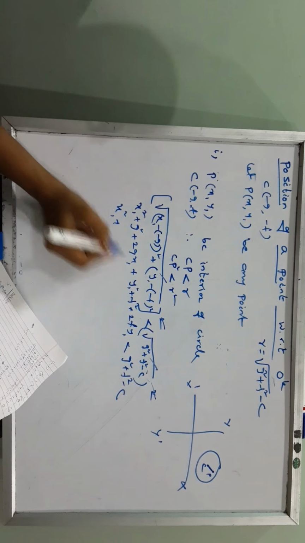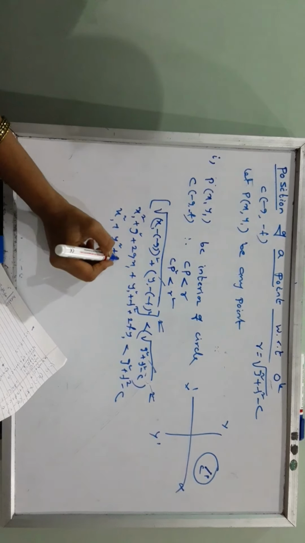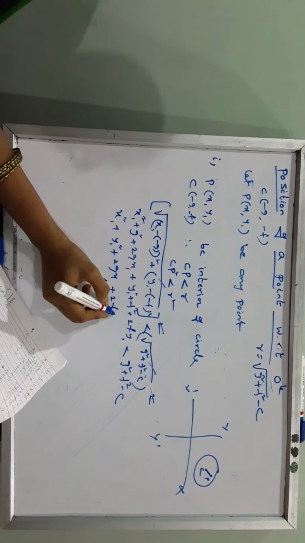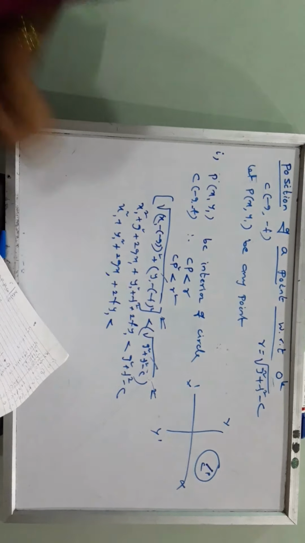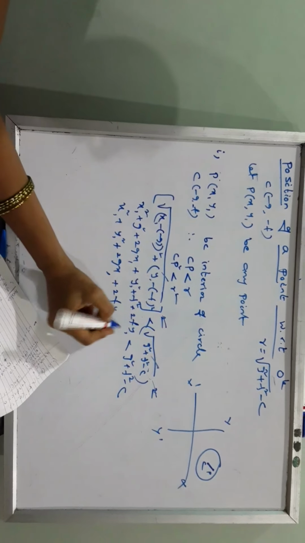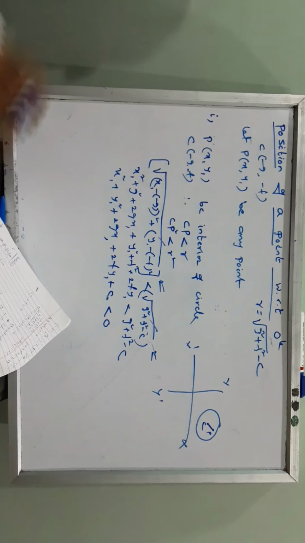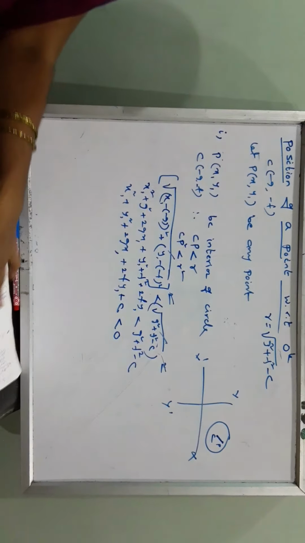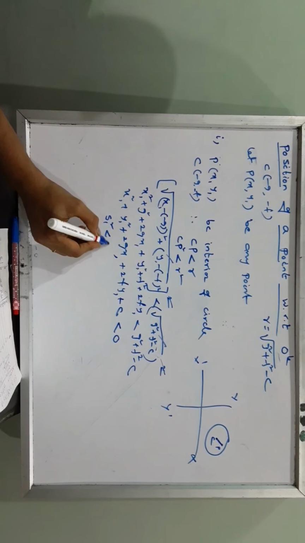Then x1 square plus y1 square plus 2gx1 plus 2fy1 is less than minus c. Minus c will come to this side, so plus c is less than 0. But x1 square plus y1 square plus 2gx1 plus 2fy1 plus c can be written as S1, so S1 is less than 0.